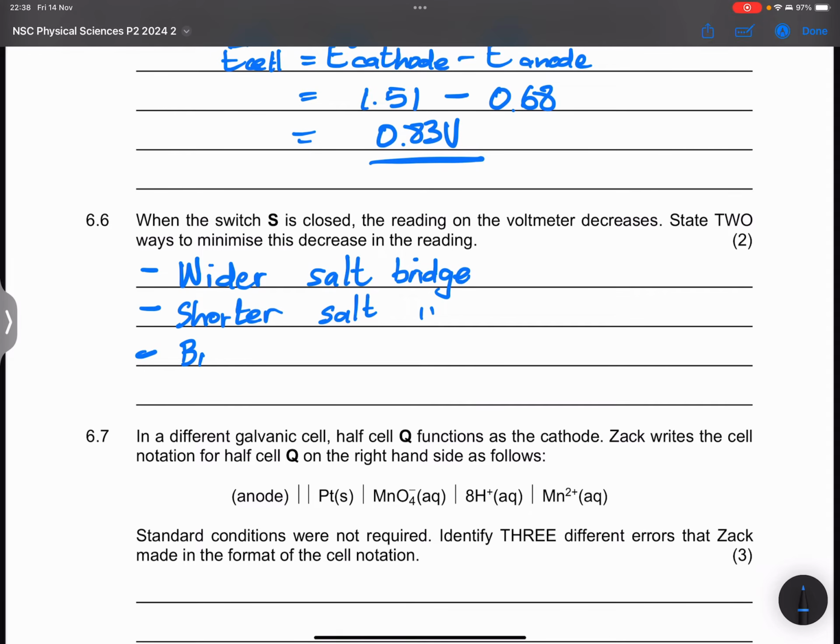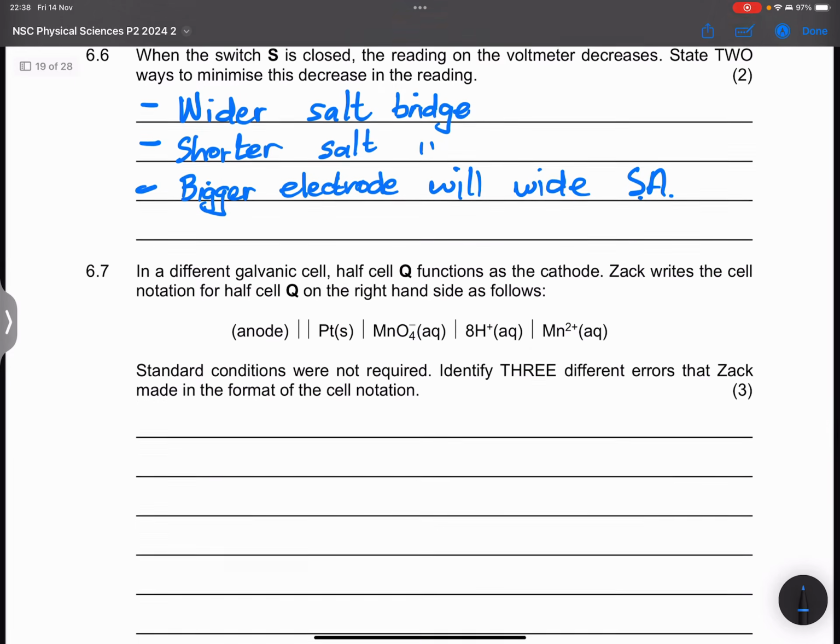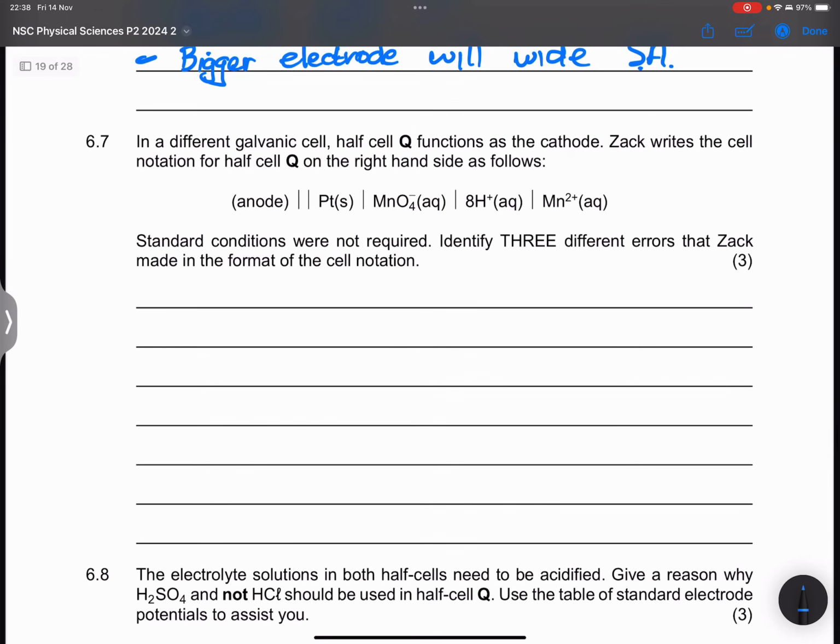Bigger electrodes with wide surface area. Okay. Right, and then they give us the next one.